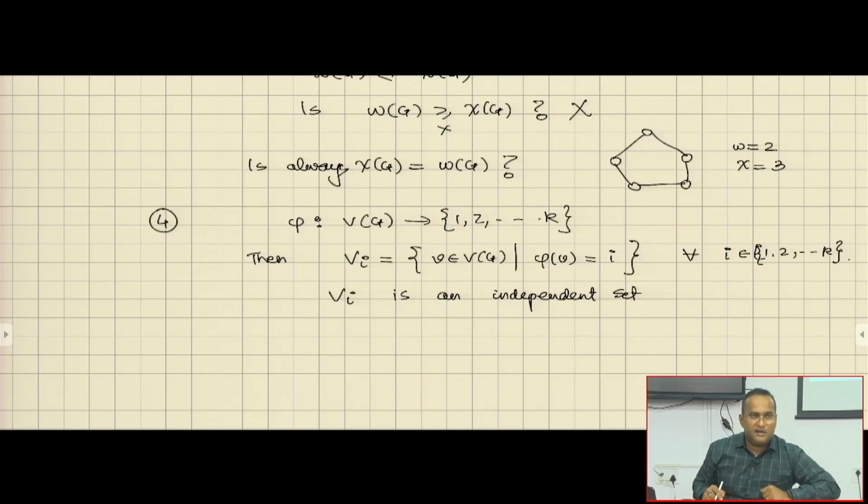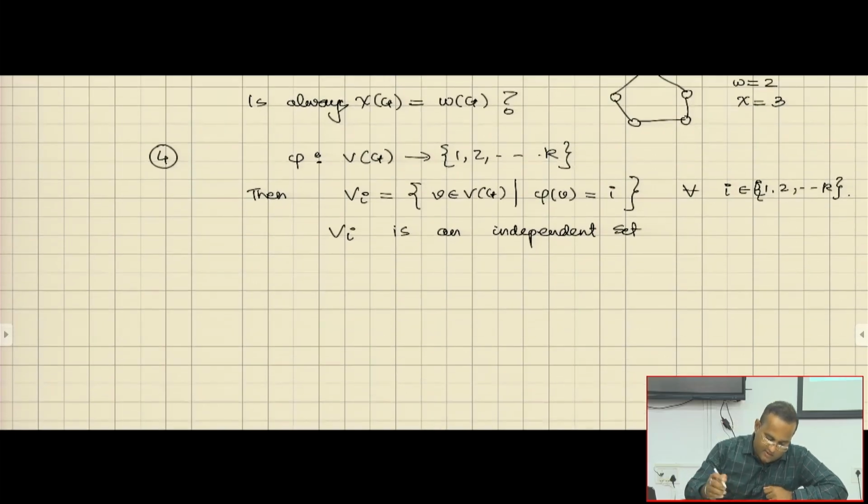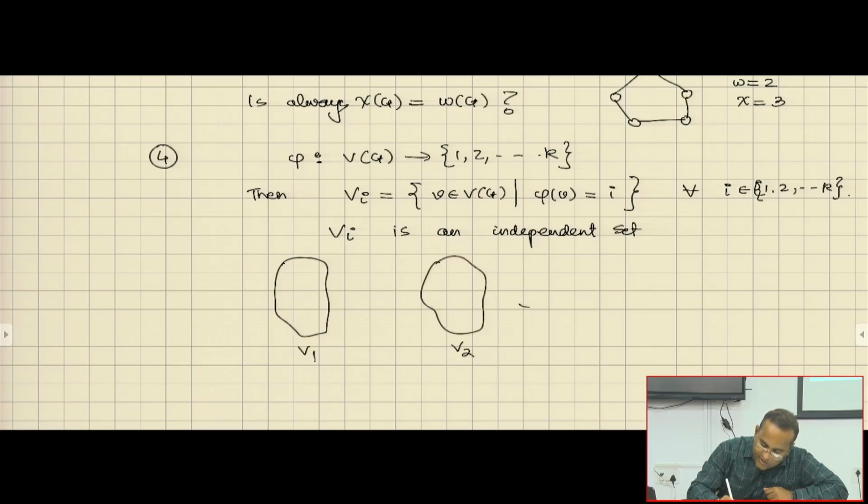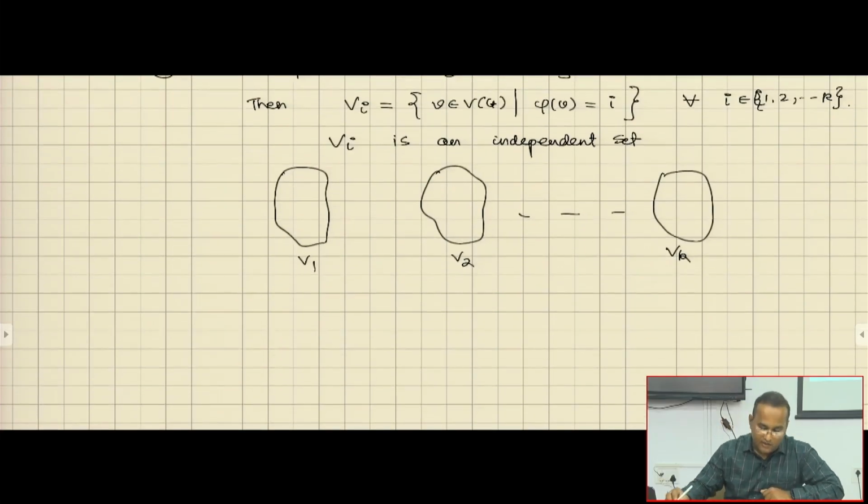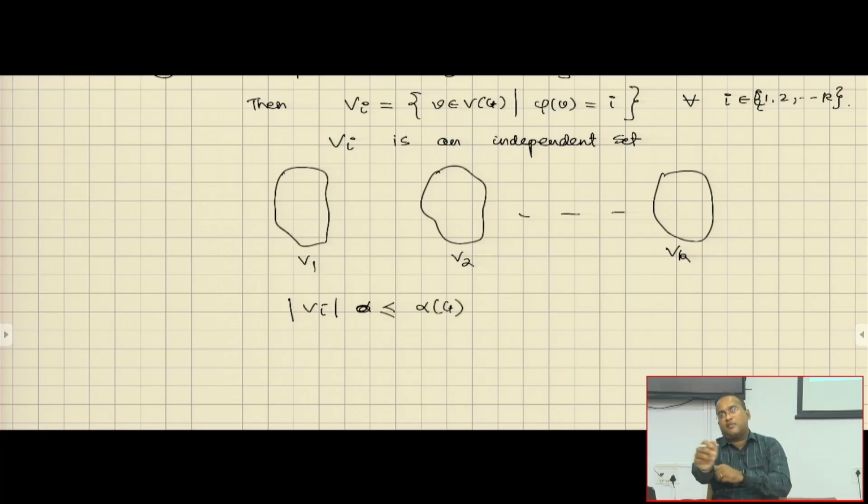So Vi is an independent set. Let us say this is my V1, this is V2, like that this is Vk, right? So the cardinality of Vi will be less than or equal to alpha G, where alpha is the maximum size of an independent set, the independence number.